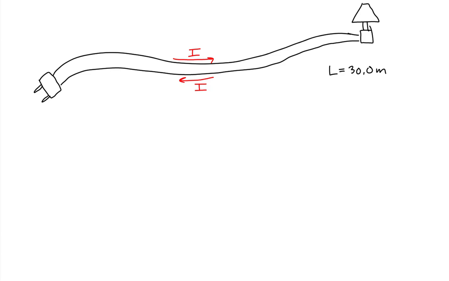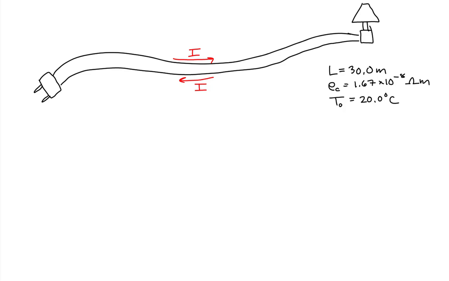We're also told that the resistivity of this wire, and this wire is made out of copper, so I'll indicate this with the subscript C. The resistivity at 20.0 degrees Celsius is 1.67 times 10 to the minus 8th ohm meter. We're also told that the temperature is at 20.0 degrees Celsius.